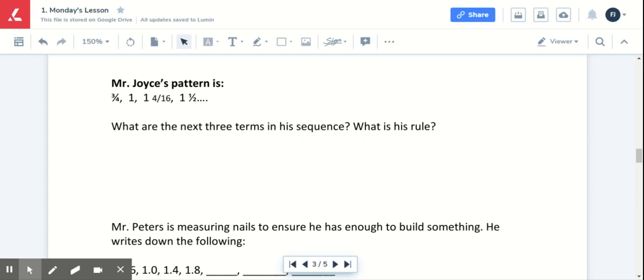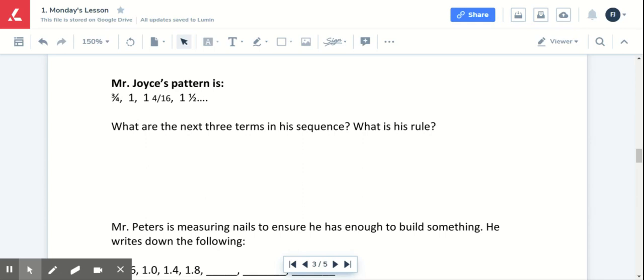Now let's see if that is true for 1 to 1 4/16. Yes, that is true because we know that 4/16 is equivalent to 1/4.